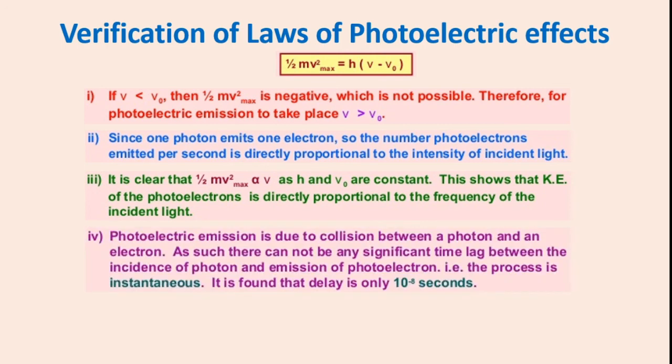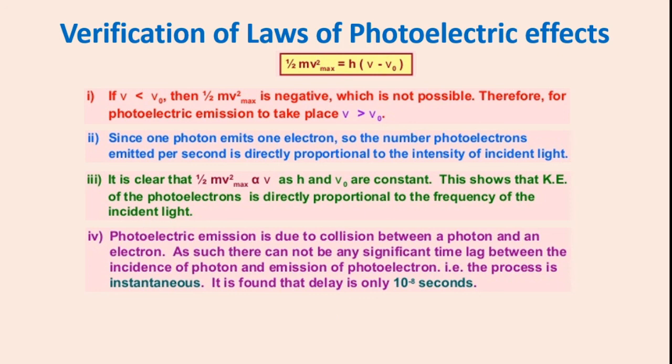Next one is, photoelectric emission is due to the collision between a photon and an electron. That is, photoelectric emission takes place when the cathode plate absorbs the incident photon and subsequently the electron emits. So there should not be any time lag between the incidence of the photon and the emission of the photoelectron. That is, the process is instantaneous.